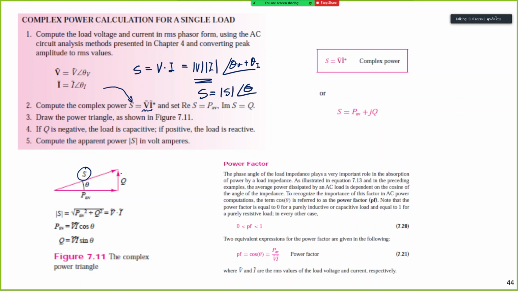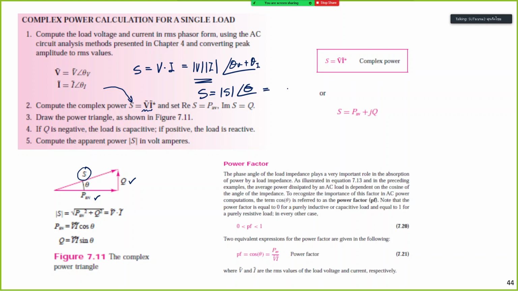And then if we are interested in the real value, we call it P, the real part of S, and the imaginary part of S we call Q, or reactive power. So we have two types of power, on the real axis and on the reactive power axis.